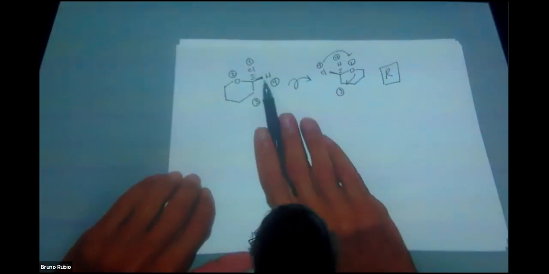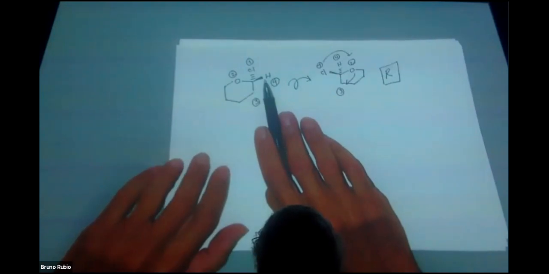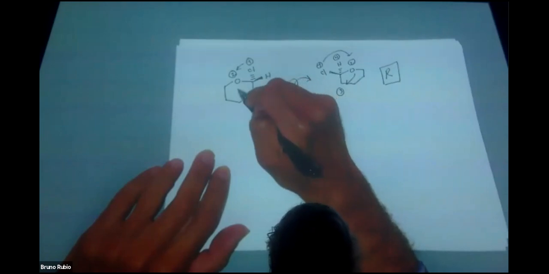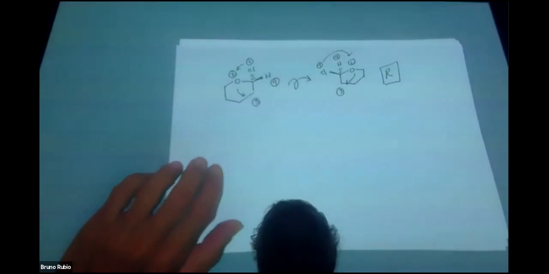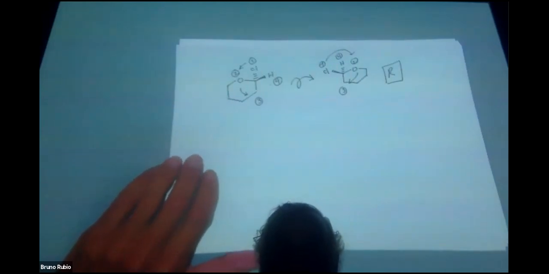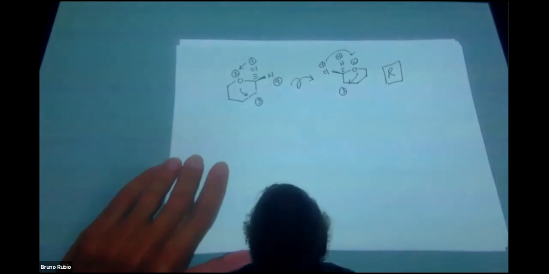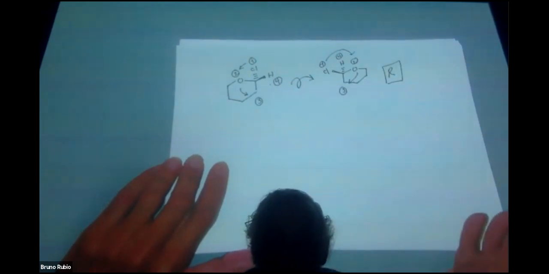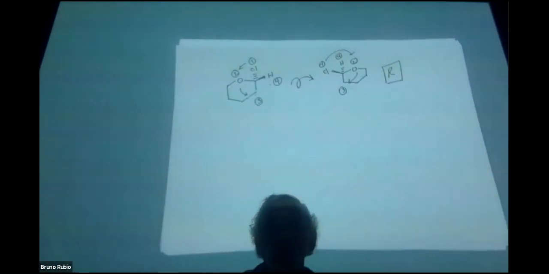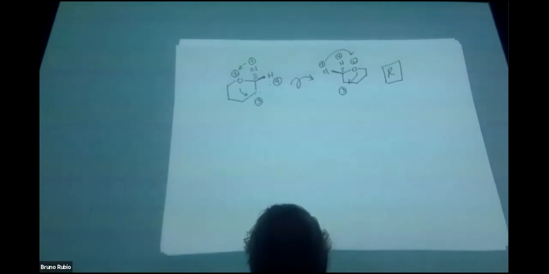So with the group of lowest rank pointing toward me on this wedge, I'm going from 1 to 2 to 3. It looks like a counterclockwise sweep, but I'm looking at the molecule backwards. Reverse the sweep for the correct answer. So this counterclockwise sweep actually translates into this R absolute configuration. So that's another little trick that you can do.